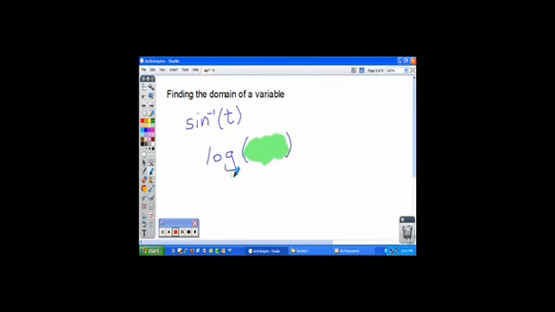So we haven't done everything in the world there is to do about domains. Now, one other thing I want to mention, sometimes it's not the equation itself that determines the domain or the type of operation you're doing, so much as it is the real world problem you're talking about. Like, for example, let's say I give you this equation. This is the area of a circle. Area equals pi r squared. What's the domain of r?